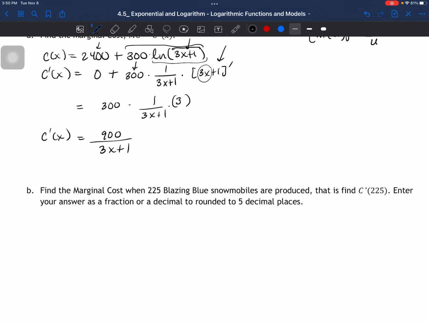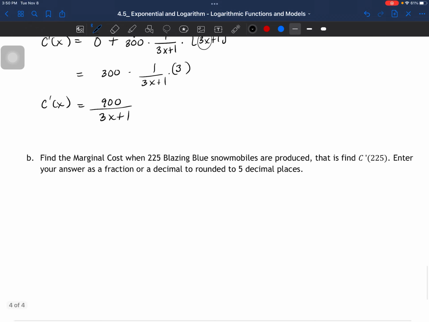Now the goal in the next part is to find the marginal cost when 225 blazing blue snowmobiles are produced. That is, find c prime of 225. Enter your answer as a fraction or a decimal rounded to 5 decimal places. So let's go ahead and jump in. All we gotta do here is replace every x with 225.